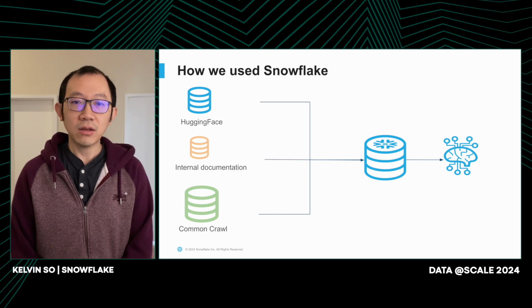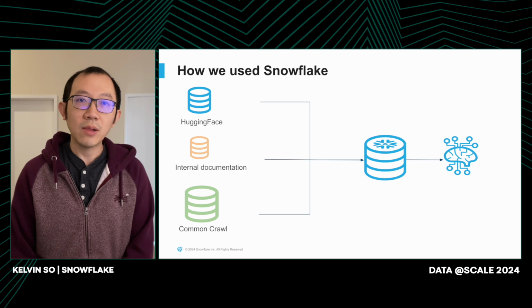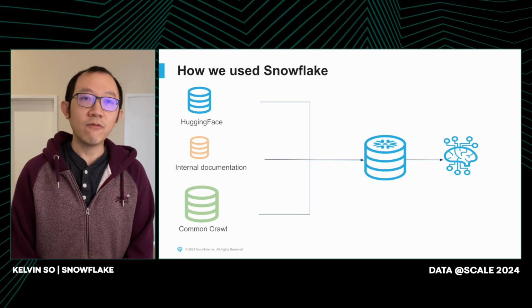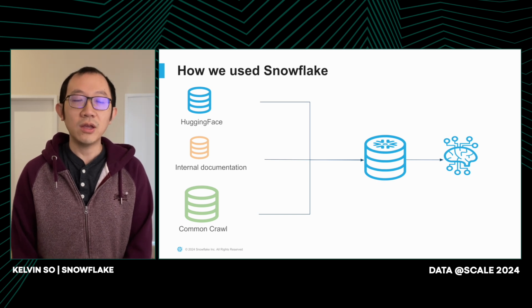In today's talk, we will demonstrate how we can use Snowflake to process large volumes of data efficiently. Besides the efficiency that I just talked about, doing LLM data processing on Snowflake also gives you additional benefits, which include provenance, data lineage, as well as policy enforcement on your data.